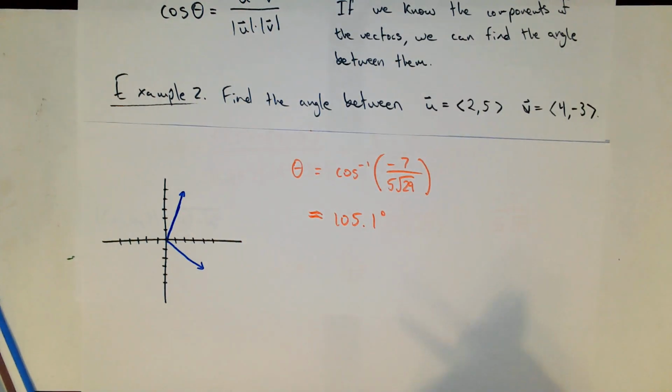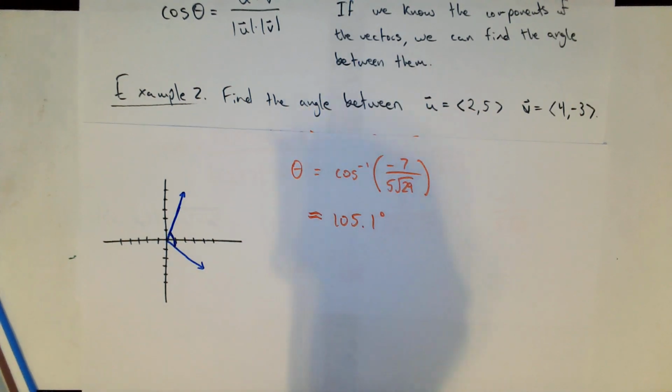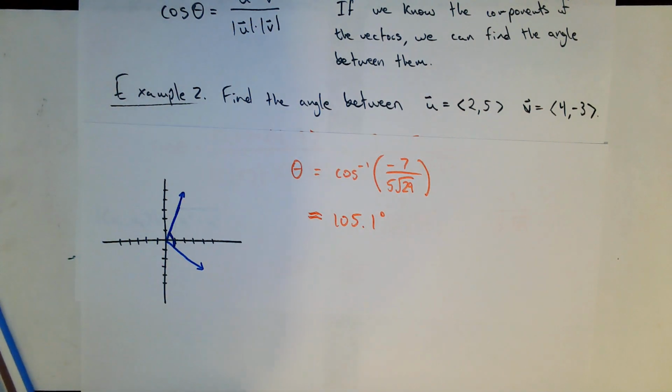So does that angle look like 105 degrees, the angle between them? I'd say yeah, it's pretty close to it. It's definitely bigger than 90. All right, that looks about right, 105 degrees. Okay.